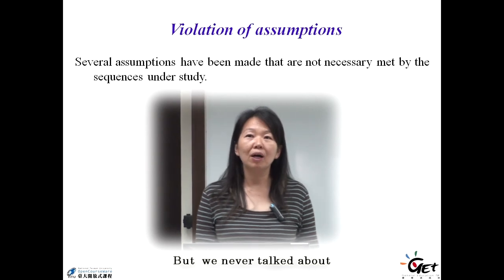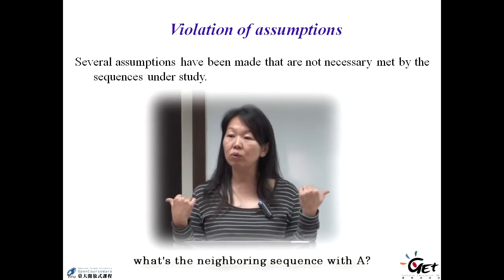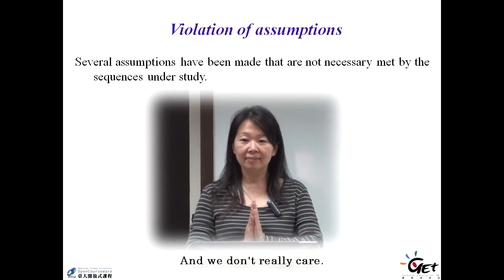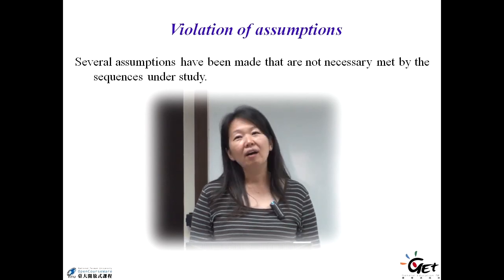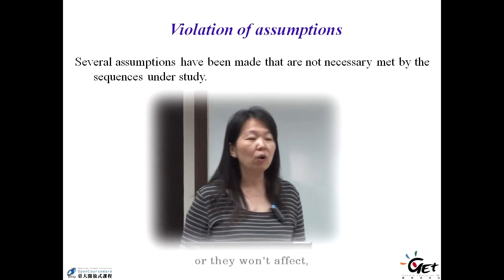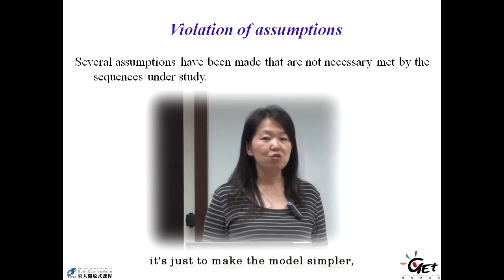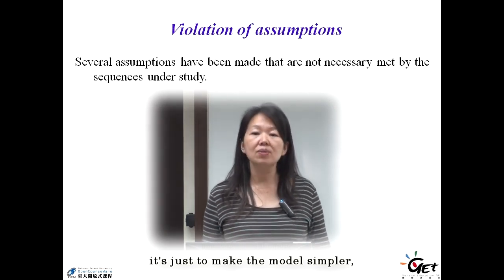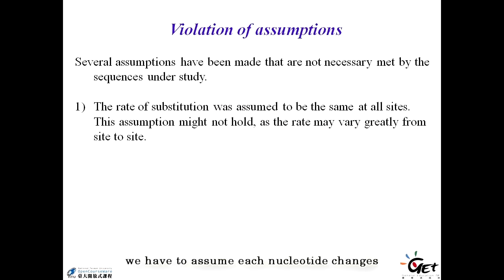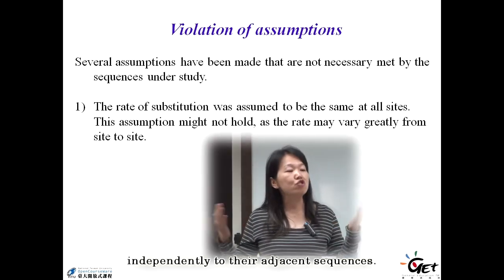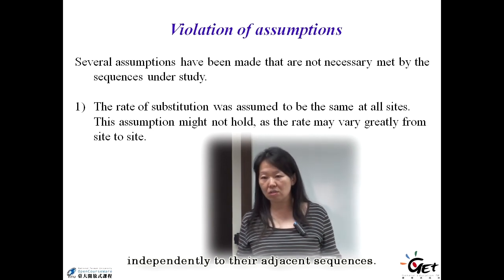But we never talked about the neighboring sequence next to A, and we don't really care. It's not that they won't affect it; it's just to make the model simpler, we have to assume each nucleotide changes independently of its adjacent sequences.